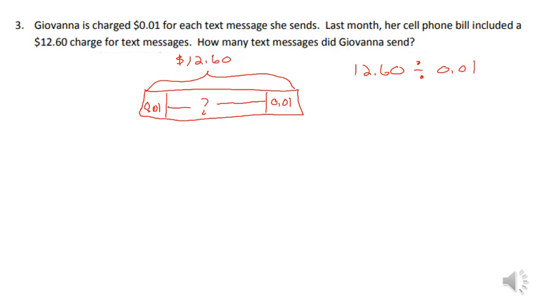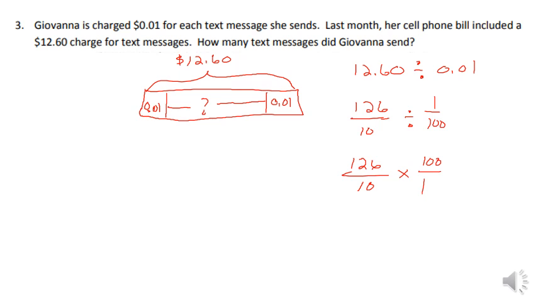Now, if I rewrite this as a fraction, I get 12. Now, I can do 1,260 hundredths, or I can do 126 tenths. So I'm going to go to the tenths, divided by 1/100th. We change that, that's 126 tenths times 100 over 1.